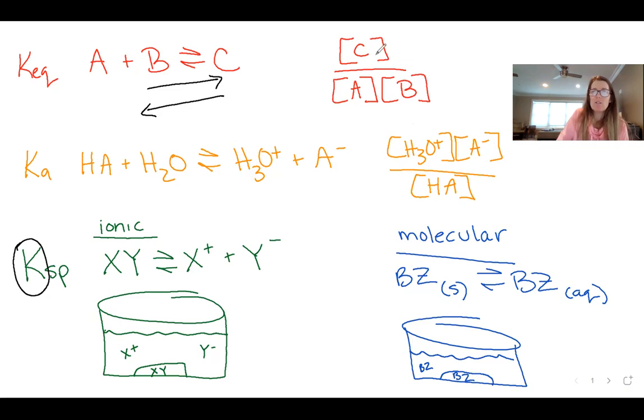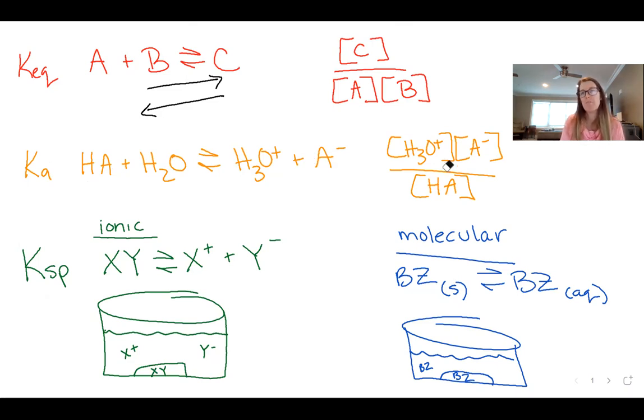And as we learned, it's going to be products over reactants raised to their coefficients. So all my coefficients are 1 right here, and that's why they're all raised to the power 1, which we don't write. Then we started to talk about specific instances, and we introduced this Ka idea. Ka is still equilibrium. It's still the forward direction happening at the same rate as the reverse direction.